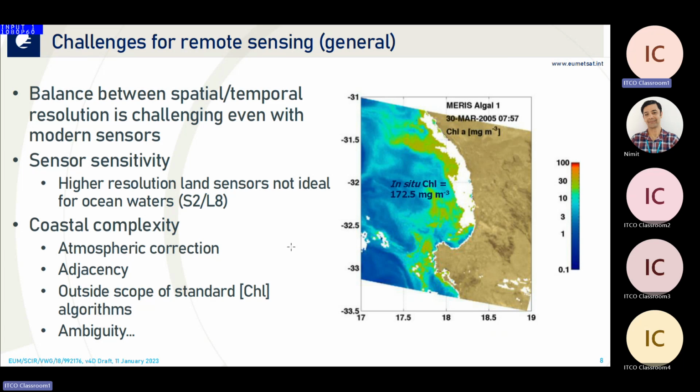So in general, for remote sensing, there are many complications. Well, in this image here, this is from Haley's thesis. This is a MERIS image from 2005. And exactly the part where the bloom is happening is masked, because the algorithm they were using at that time was not really prepared for this big quantity of biomass in this area. Right?